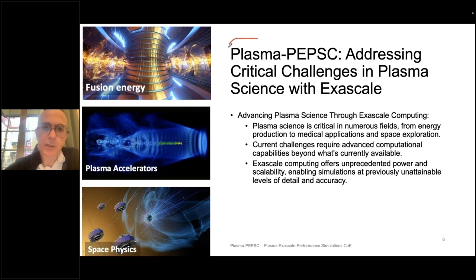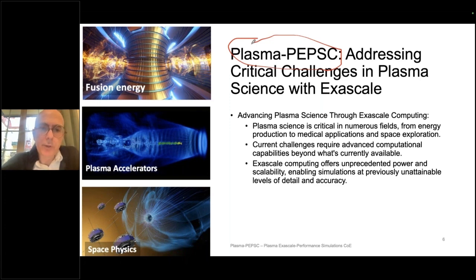The Plasma PEPSC is a center of excellence that is focusing on simulation for plasma. The main key goal of the project is to make the codes that we have in Plasma PEPSC exascale. The project is driven by science questions, what we call the grand challenges, and we aim to solve these grand challenges in plasma science with exascale computing.